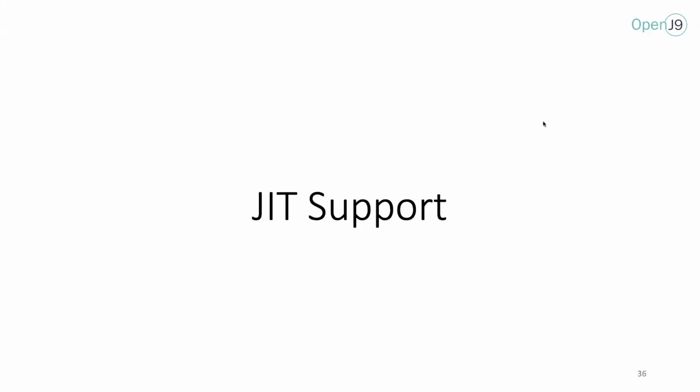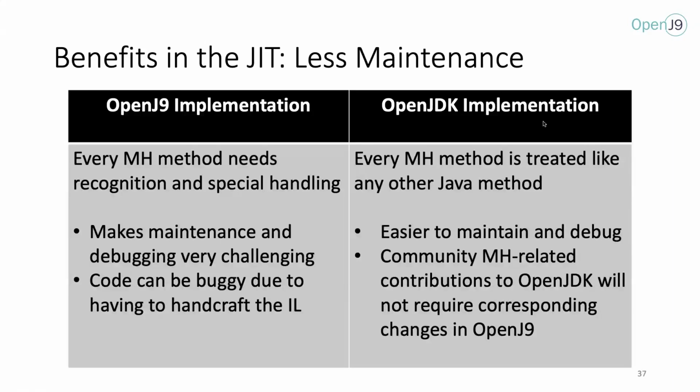Thanks, Billy. So to recap, the benefits of moving to the OpenJDK implementation, basically every single method handle related method is going to be treated just like any other Java method, instead of each and every method handle component having to have some sort of custom handling and handcrafting a lot of the IL involved.